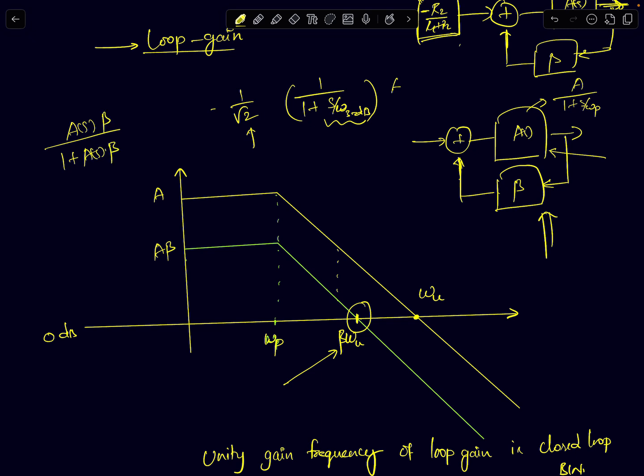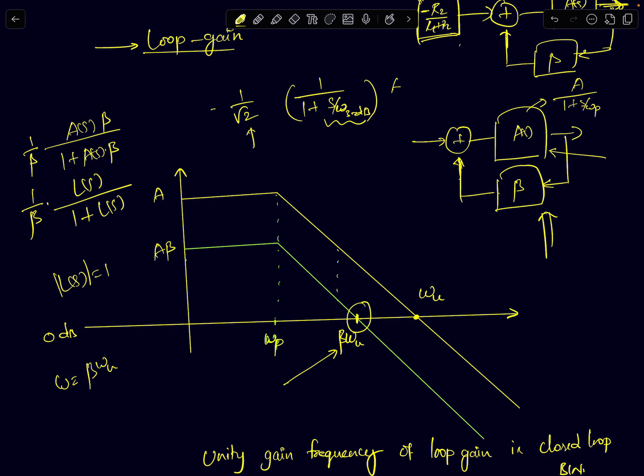I can multiply and divide by beta and call this 1 by beta into L of S by 1 plus L of S. Okay, so we said that this is the point when I find the magnitude of the loop gain becomes equal to 1 at omega equals beta times omega u.